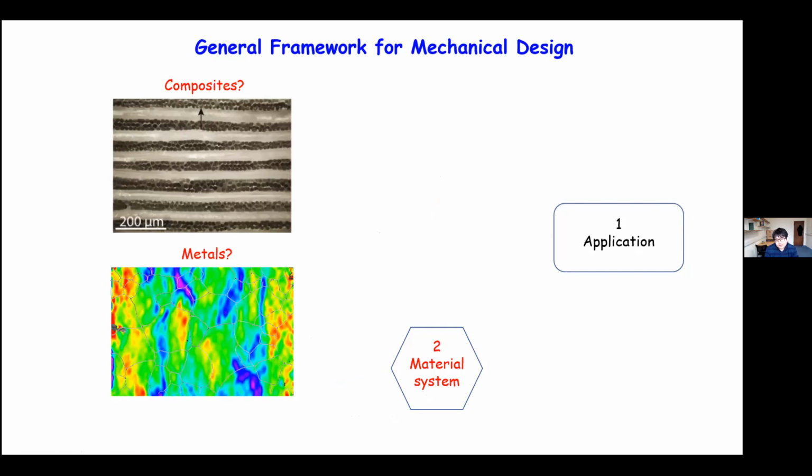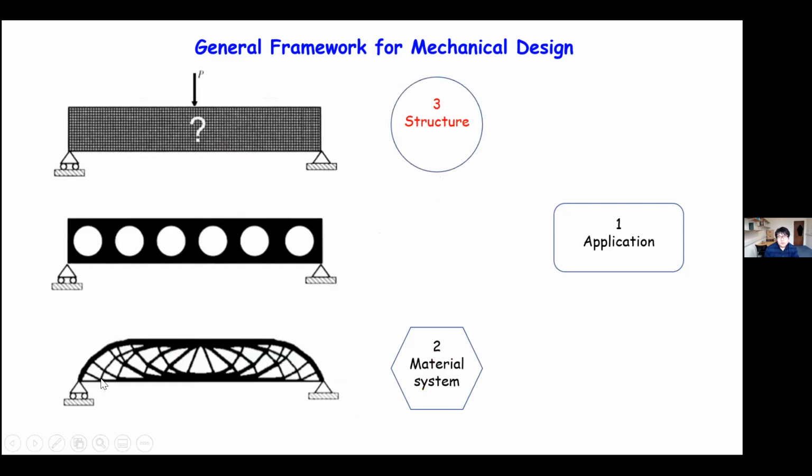So we will start with a class of material or space of materials that can achieve our goals. For example, we can think of metals, or we can think of composites, depending on the end applications that we might be interested in. And we'll then need to think a little bit about the structure or the topology of the design, right? So which approximate structure of the topology can satisfy our requirement, right?